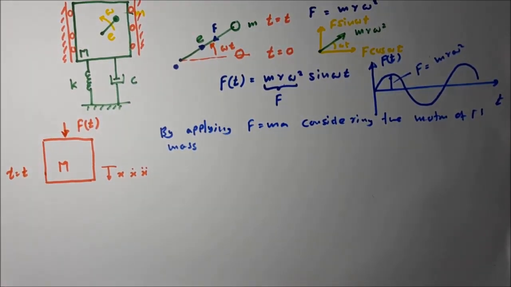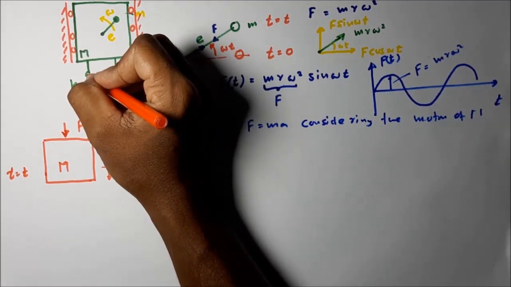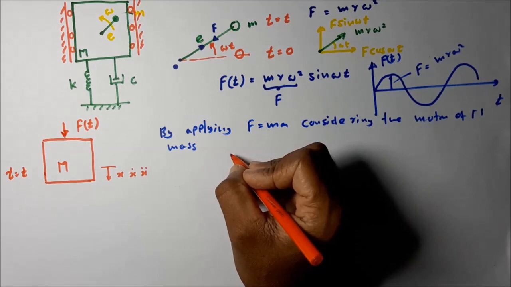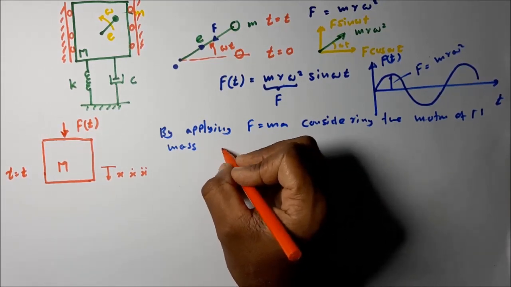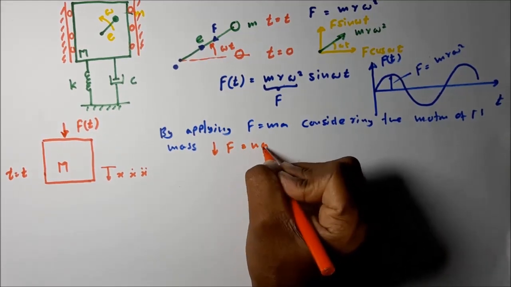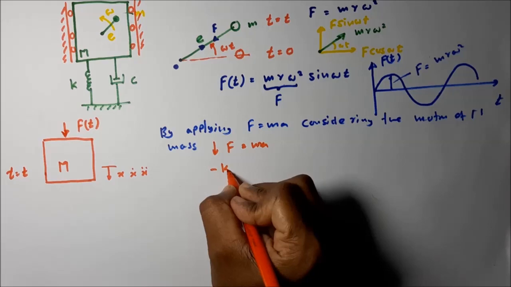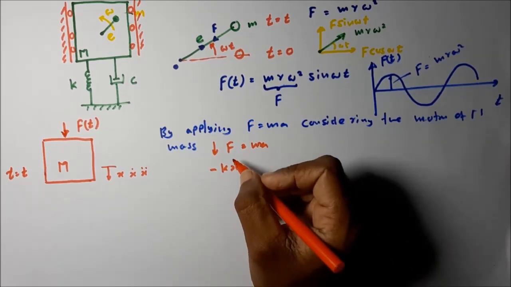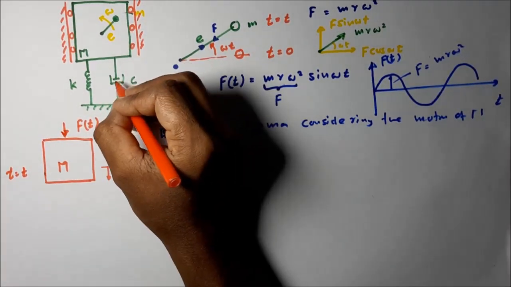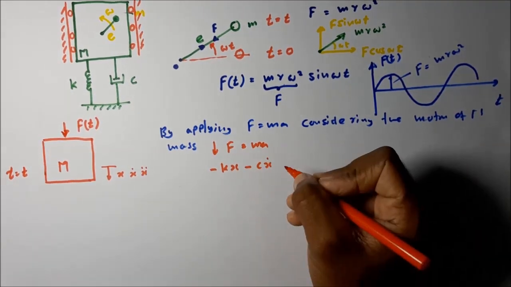So what are the forces acting on it? Let's take F = ma in a downward direction. The spring force is minus k x. The viscous damper, the viscous friction force, is equal to minus c x dot.